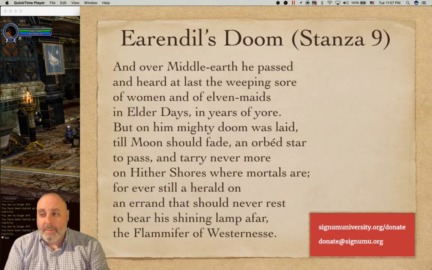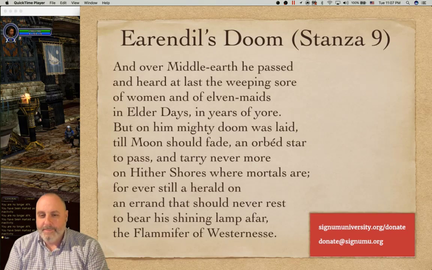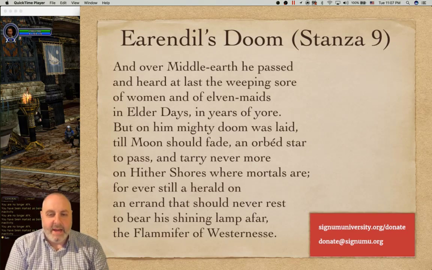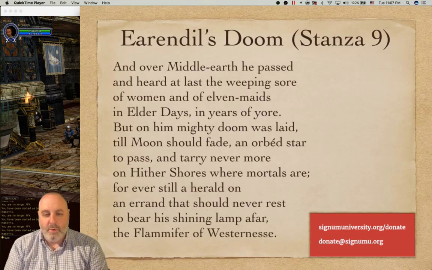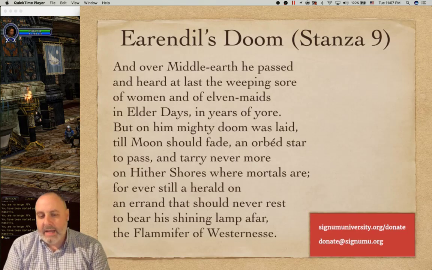Let me get back to my grammar. But on him mighty doom was laid, till moon should fade an orbed star to pass, and tarry nevermore on hither shore where mortals are. For ever still a herald on an errand that should never rest, to bear his shining lamp afar, the flammifer of Westerness. Yeah, Matt, I agree with you.